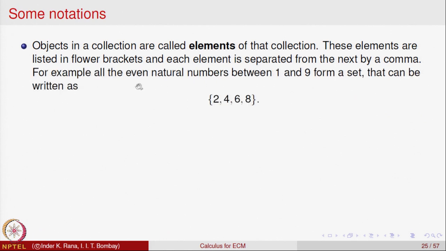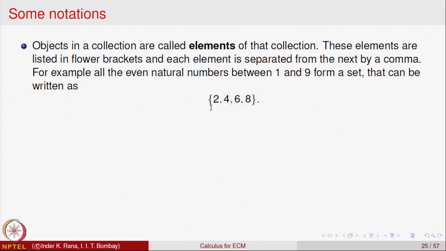For example, let us take natural numbers between 1 and 9. We want to look at all even natural numbers between 1 and 9. We know that 2 is an even number, 4 is even, 6 is even and 8 is even. These form a collection, and mathematically this collection is written by putting this bracket.